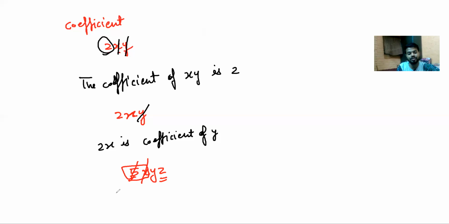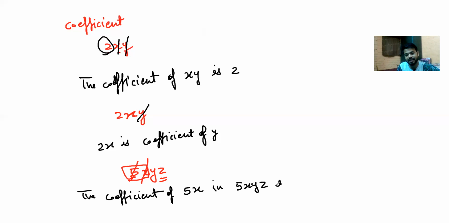So the coefficient of 5x in 5xyz is yz. So basically yz is your coefficient in 5xyz. Okay, so in this way we are going to find the coefficient in the given polynomials.